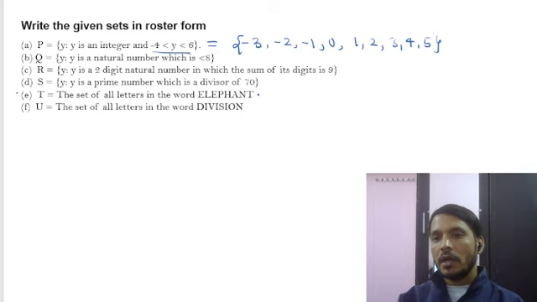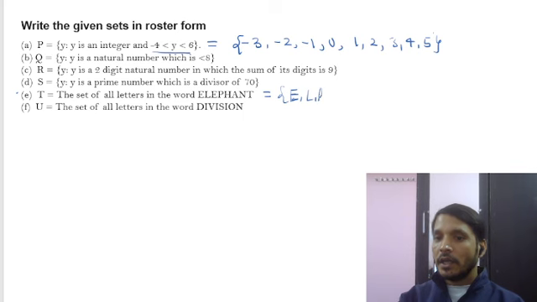How can we write the set of all letters in the element? Here we write the elements separated by commas, and one element we write just one time. So E, L, again E is there, but don't write it because we have already written it.